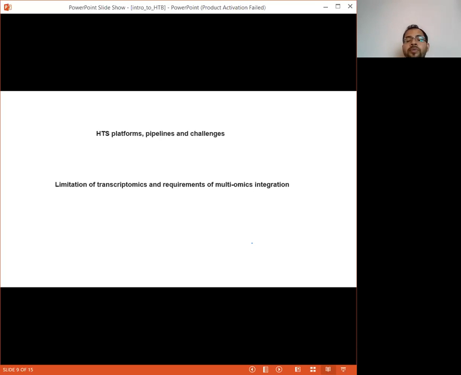requirement of multi-omics integration. So next, we'll see the challenges, but before that the question is why we need multi-omics integration. What are the limitations of transcriptomics? What do you think? Just now I said this is a very good technique and we can use this technique to identify different genes.